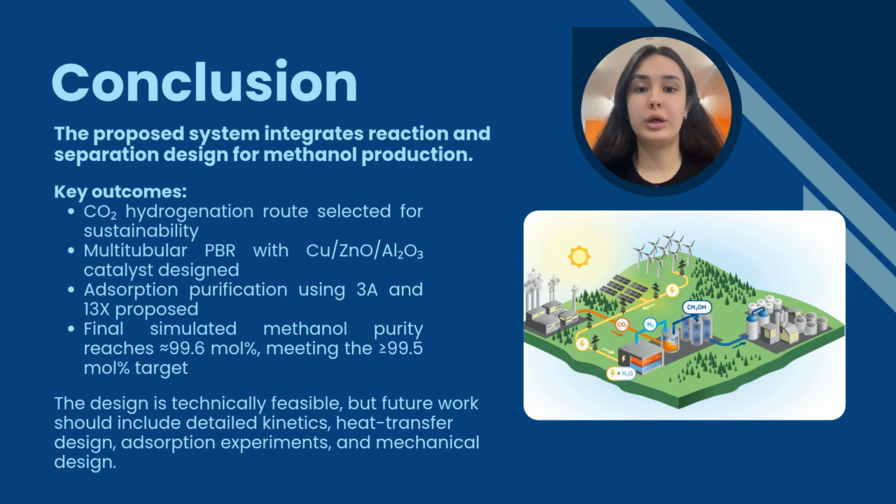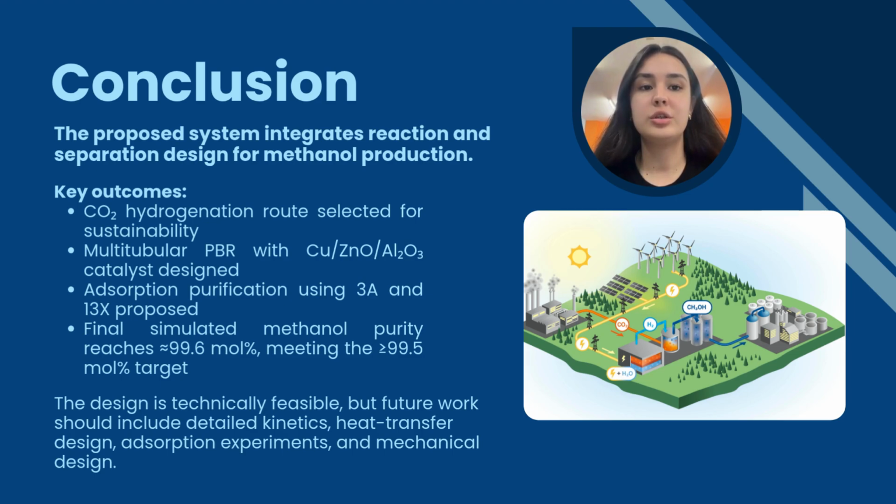To conclude, this project developed an integrated reactor-separator system for 100,000 tons per year methanol production. A copper, zinc oxide, aluminium oxide catalyst and a multitubular packed bed reactor were selected for CO2 hydrogenation at 240 degrees Celsius and 60 bar. The reactor design achieved a 15.10 cubic meter catalyst bed volume with 1,585 tubes and 17.2 tons of catalyst.